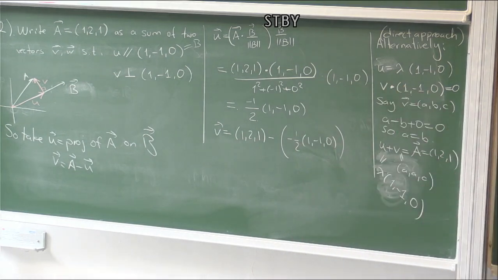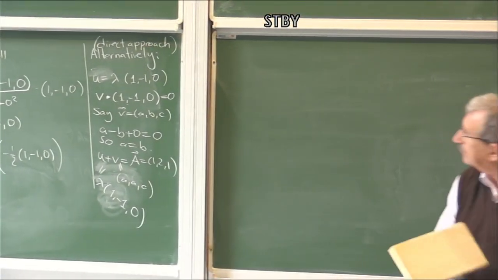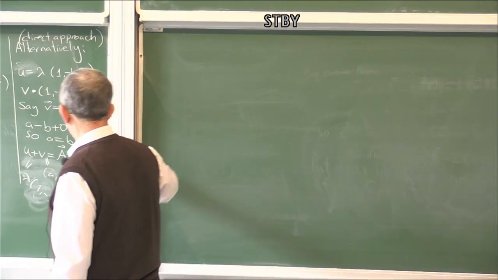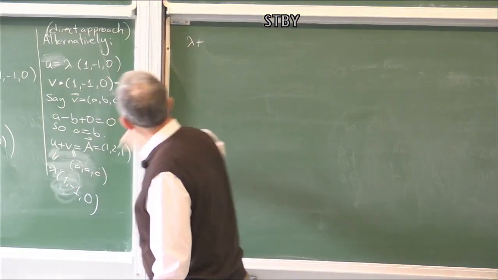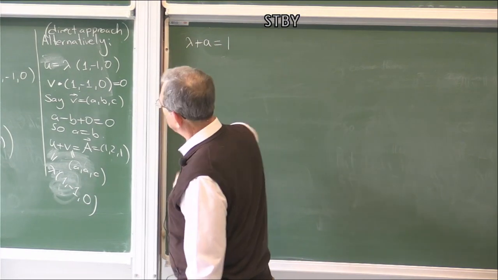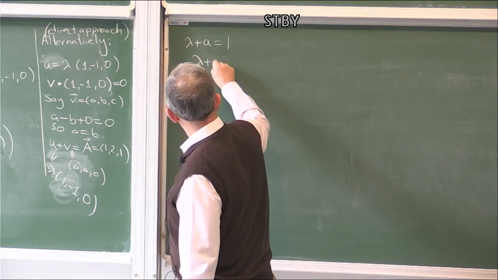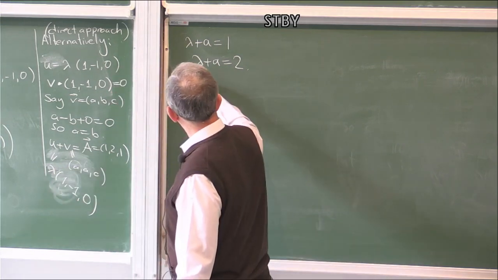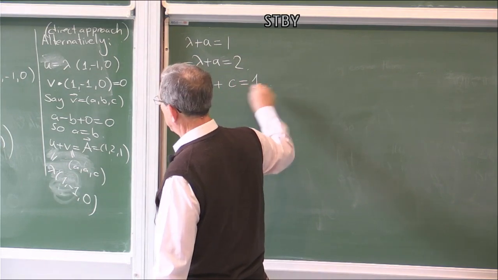Putting them together, we can solve our problem directly. That is to say, we have lambda plus A, the first component, is 1, minus lambda plus A, the second component, is 2, and the third one, lambda times 0 plus C, is 1.